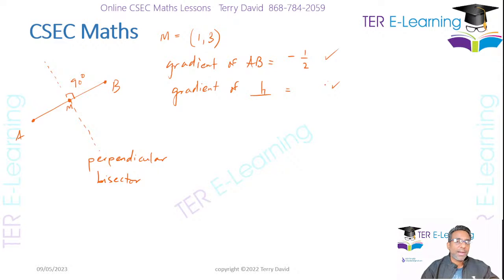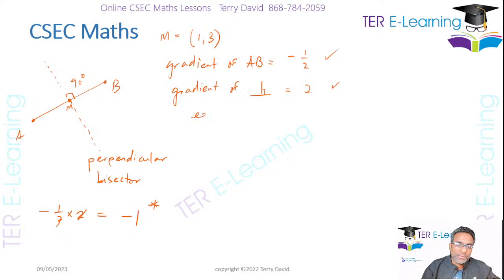If you invert a half, you get 2, and with the sign change the gradient is 2. If I take -1/2 and multiply by 2, the 2 will cancel and you'll get -1. This is a property of perpendicular lines. So I worked out the gradient of the perpendicular bisector without doing anything really.